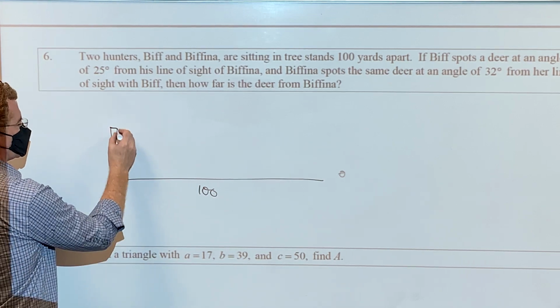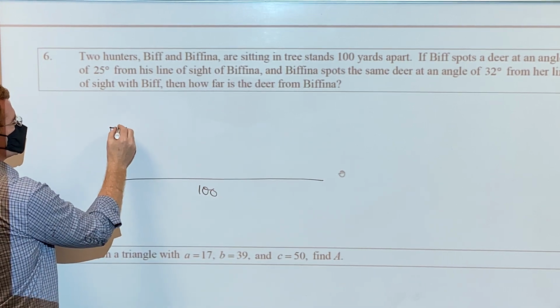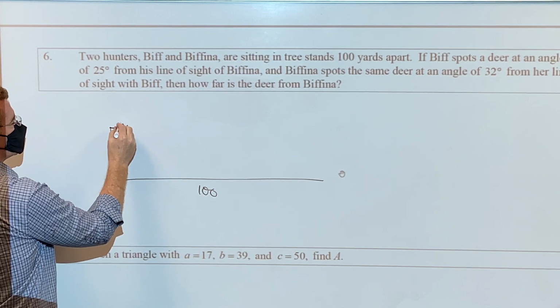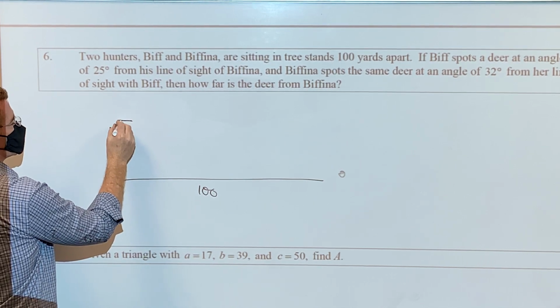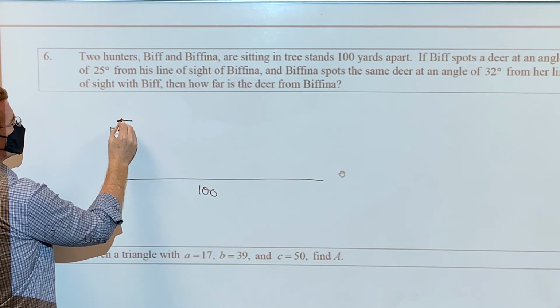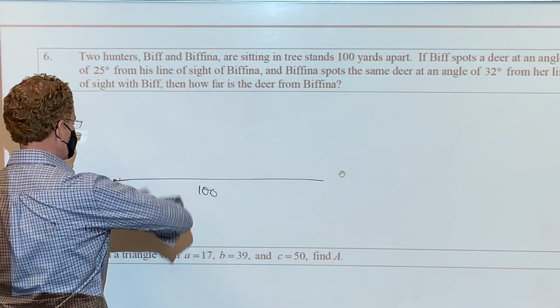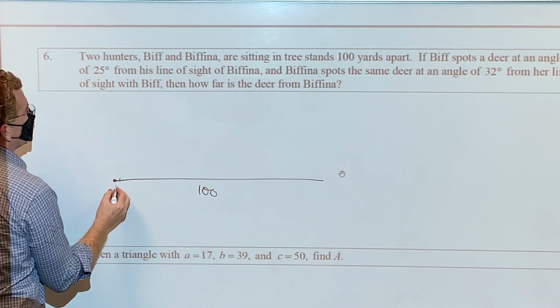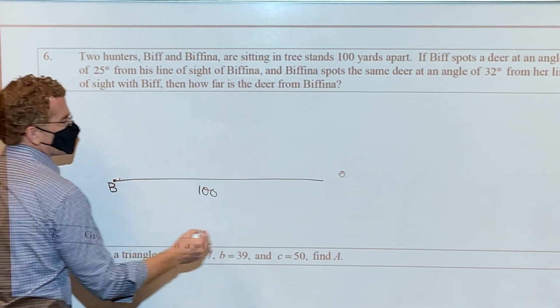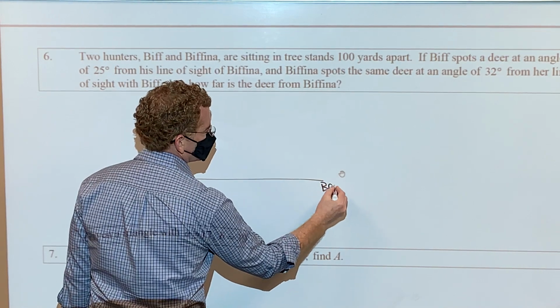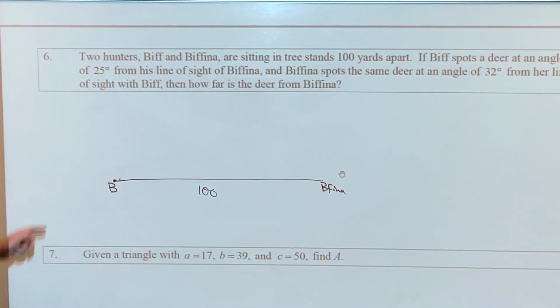Don't draw a tree stand like this and have the guy just sitting down holding his rifle or whatever. I'm not talking about that. I'm talking about an overhead look at this. So let's just say we're looking from the top, and here is Biff, and here is Buffina. And they're 100 yards apart.